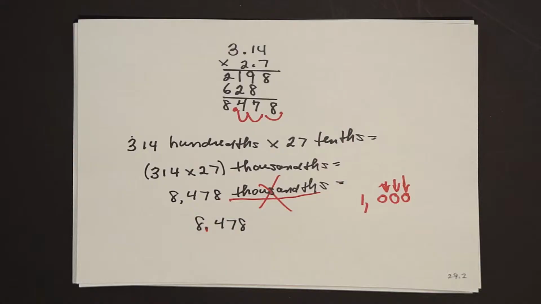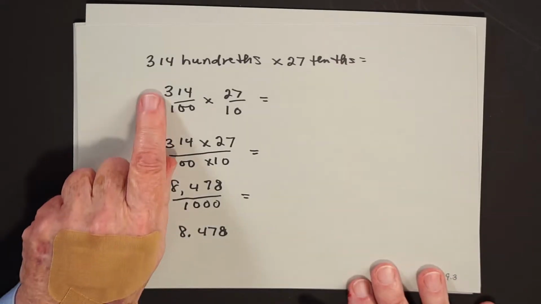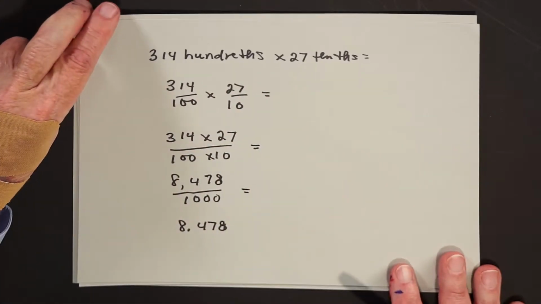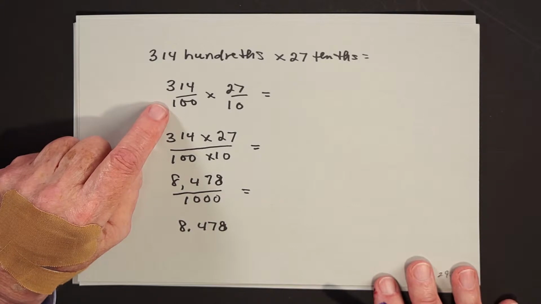So it's conceivable that the student still might feel uncomfortable using the adjective-noun theme. Is it possible that the students might have a different way that you've taught them? For example, again, looking at the problem 314 hundredths times 27 tenths, is it possible that a student is comfortable using fractions?